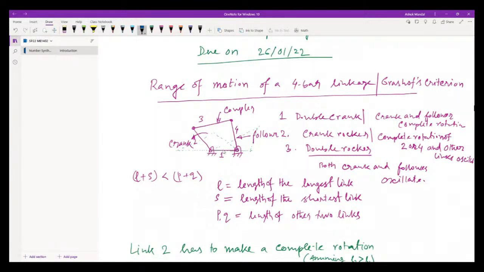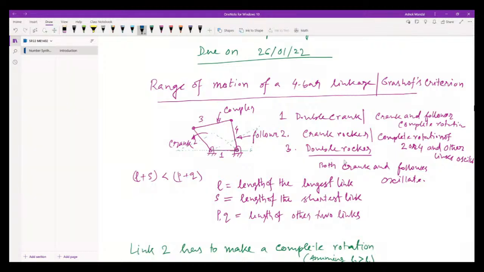If you fix 2, the crank is 1 and 3 is the follower. Link 1 will complete rotation, but 3 will have only rocking motion. Similarly, if you fix 4, 1 can rotate, but 3 has a rocker motion.